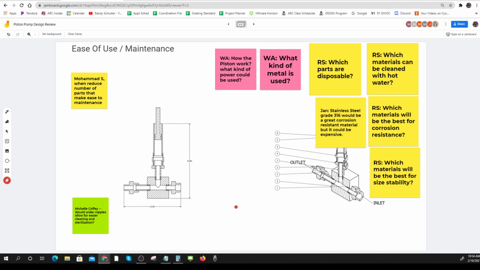If sterilizing it cost me $10 and the whole thing cost me $8 or $9, maybe I just want to take these parts off and reuse this part and just throw this part away.